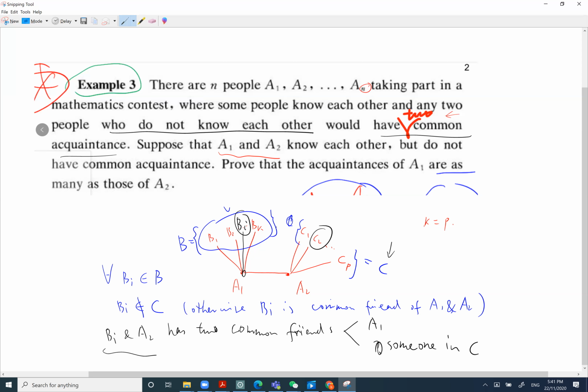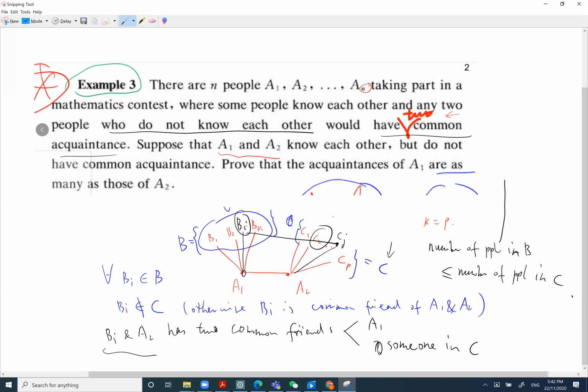Which means the number of people in B is less than or equal to the number of people in C. Because for any BI, you pick out, you can find a C, maybe CK, or maybe CJ, that is the common friend of BI and A2. The other way around is also true.